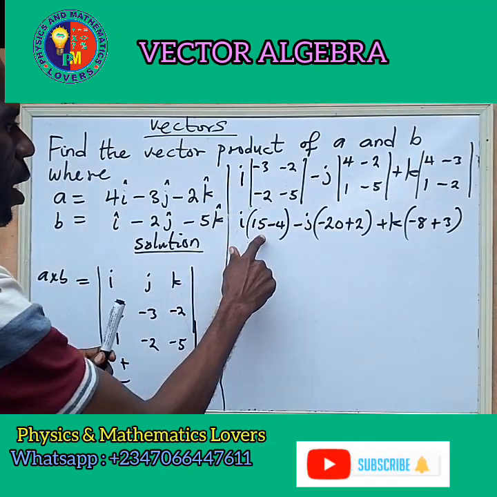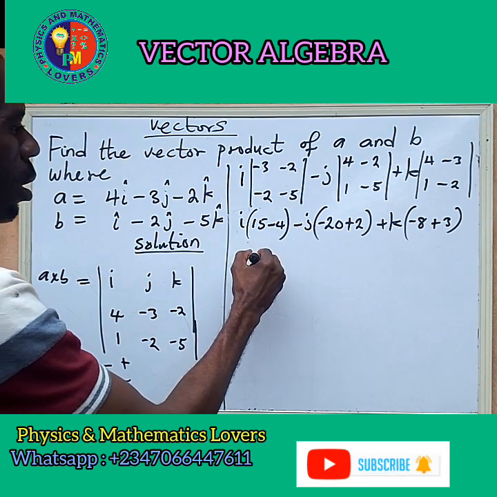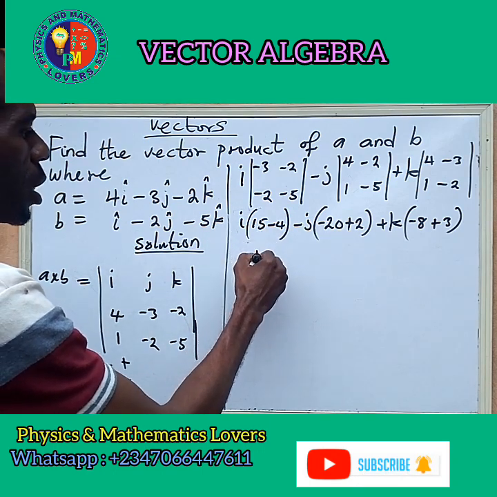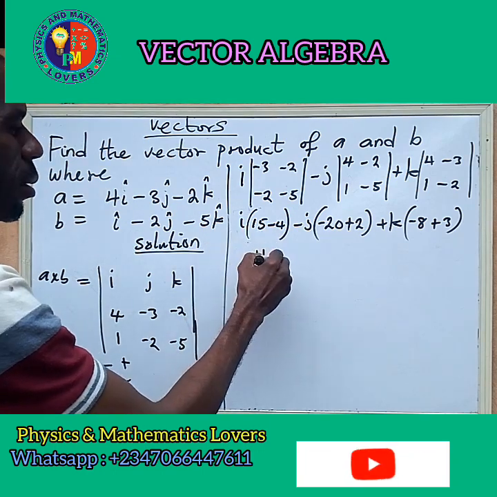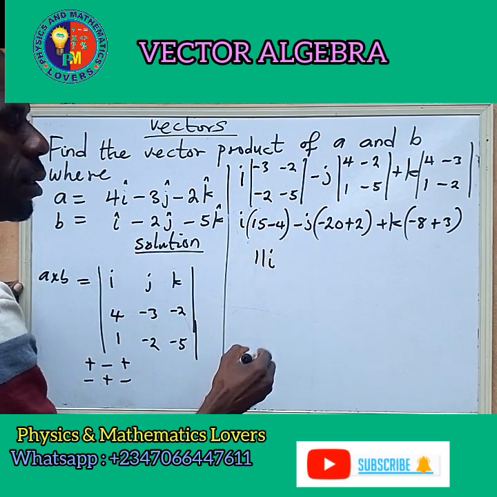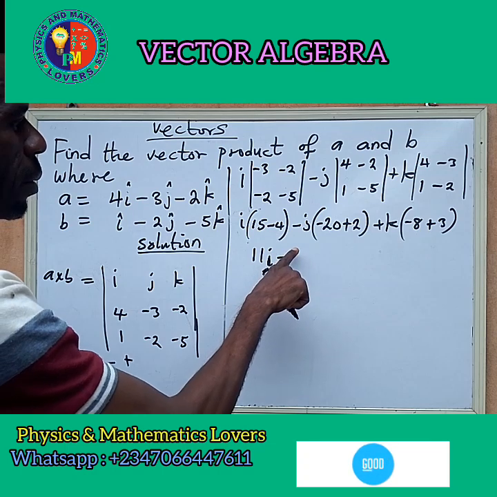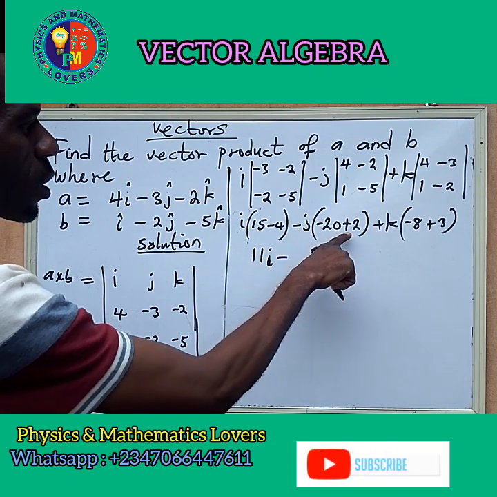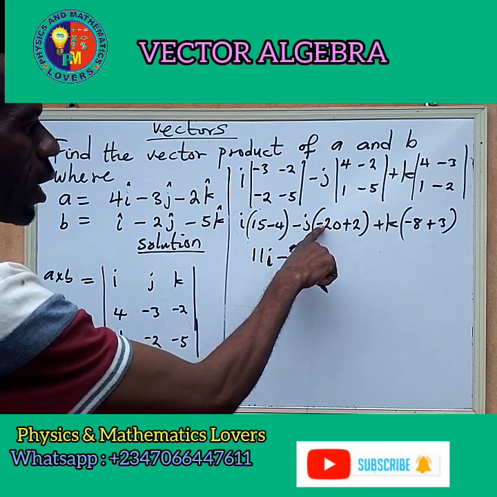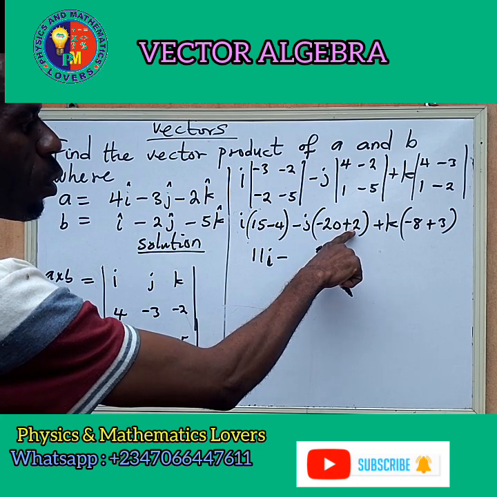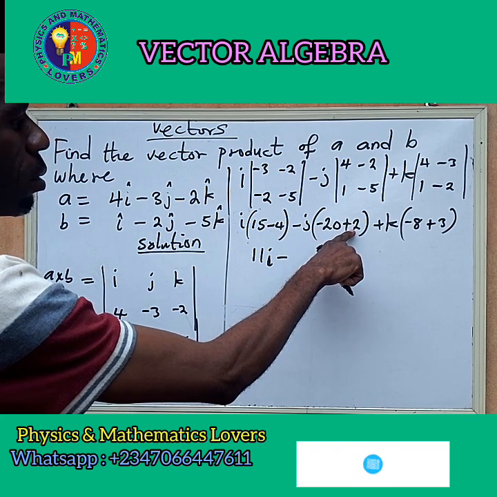Then here 15 minus 4 is 11, this is i. Then here, considering negative 20 plus 2, it is going to be negative 18.